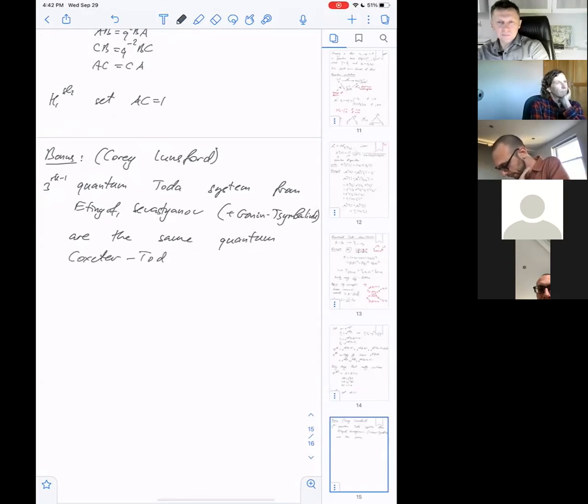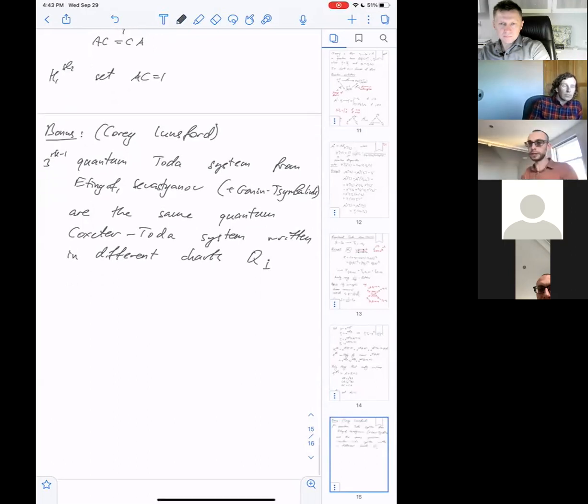Coxeter-Toda system written in different charts Q to the I, and there are exactly 3 to the rank minus 1 different ways to write this double Weyl word cyclically, right?